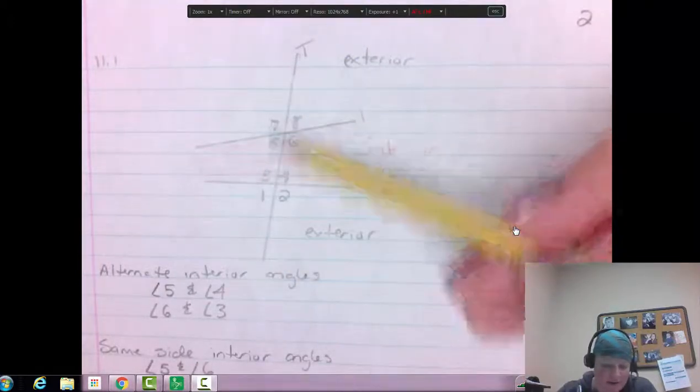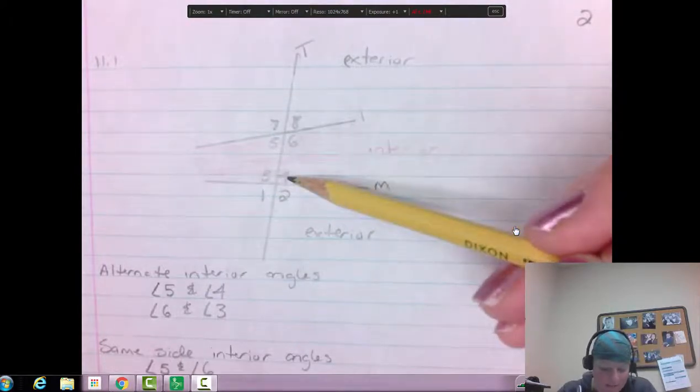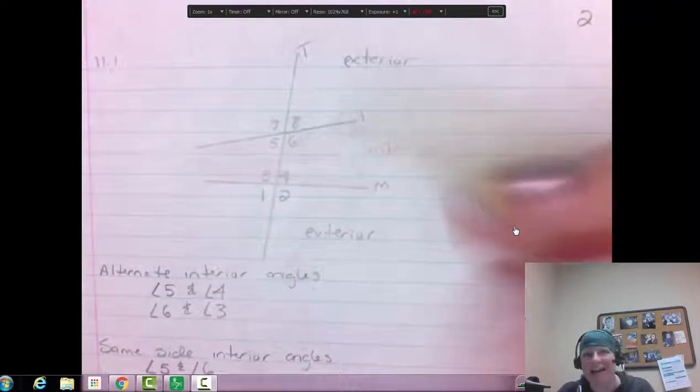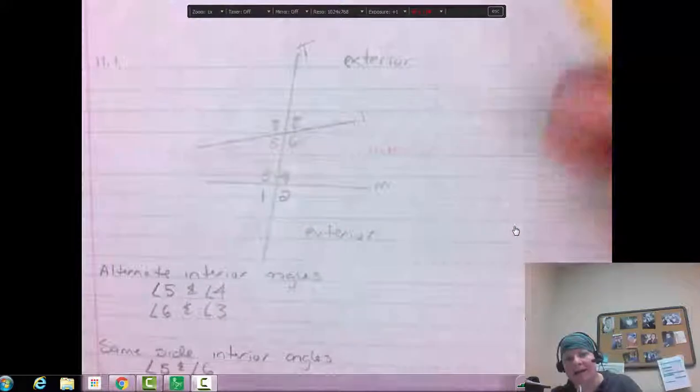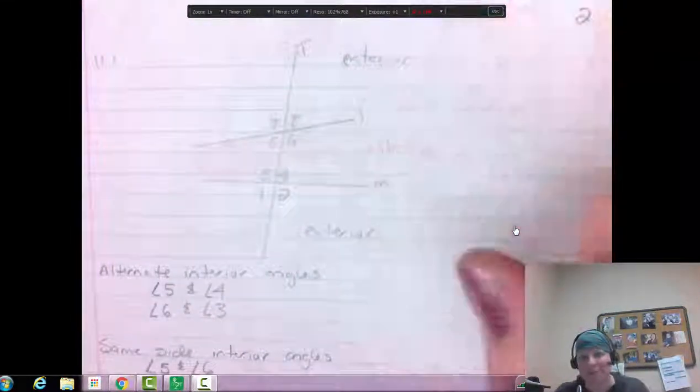So 7 and 3 are corresponding, 8 and 4, 5 and 1, 6 and 2. They're all in the same spot, so they're called corresponding angles. I think of them as a similar position.